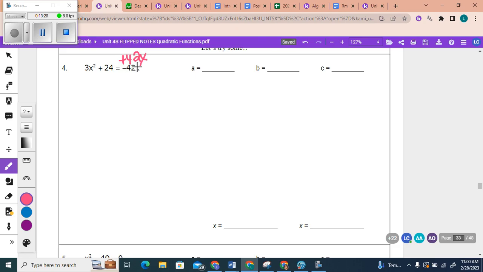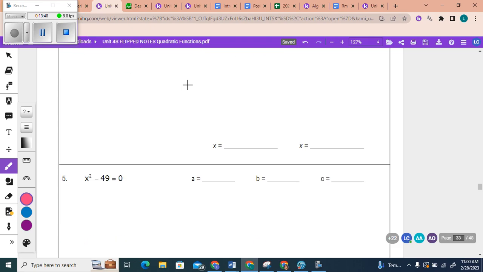Yeah, where does it go? In between, good. The 24 and the 3. Okay, just keep that in mind.